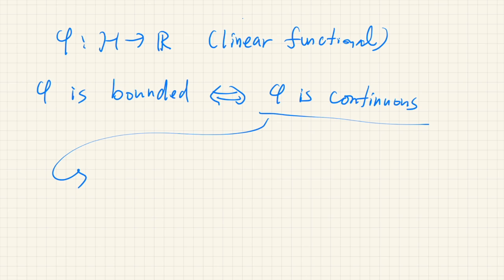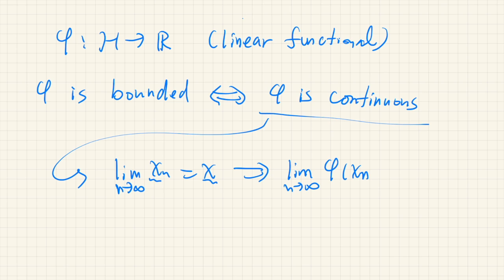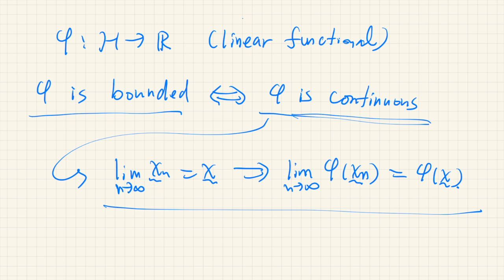If we have a sequence of points in the Hilbert space that converges to some value x, then the limit as n goes to infinity of phi of xn converges to phi of x. So this means phi is continuous. So this theorem says being bounded and being continuous are equivalent.